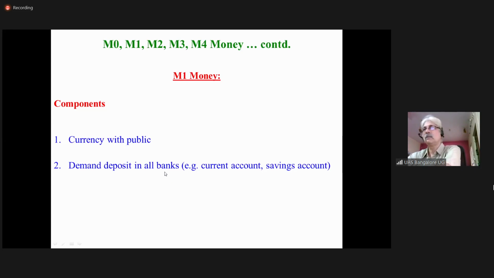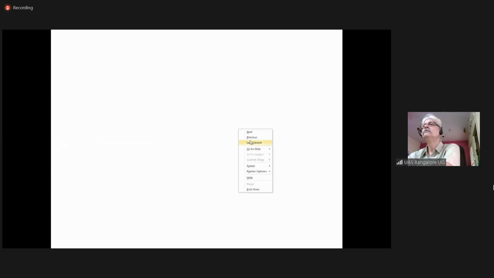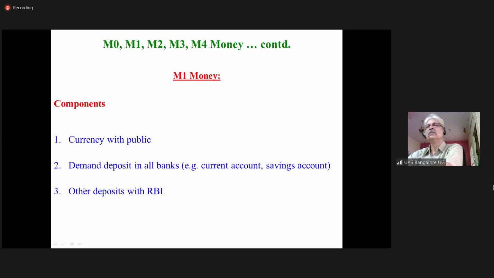That is demand deposit in all banks: your savings accounts, your current accounts, and so on. Other deposits with RBI. So currency with public, demand deposit in all banks, and other deposits with RBI together is called M1 money.